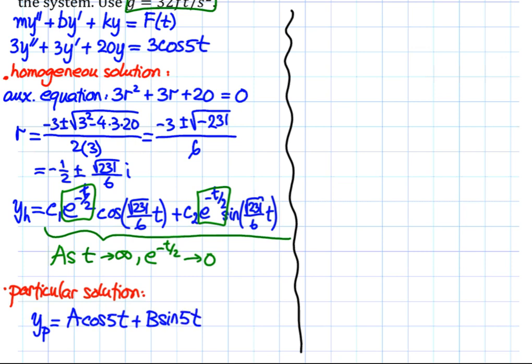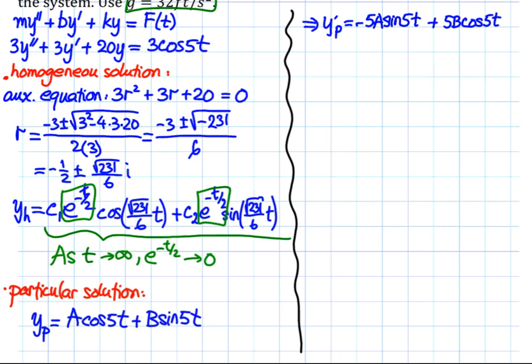We can take the derivative and second derivative. The derivative of cosine is negative sine, so negative 5a sine of 5t plus 5b cosine of 5t.